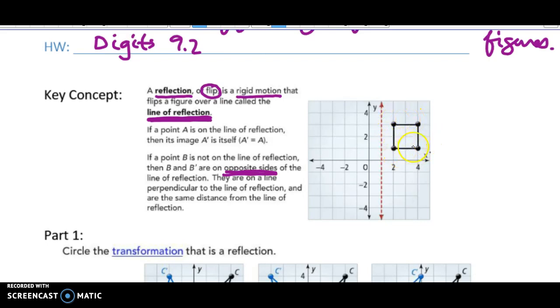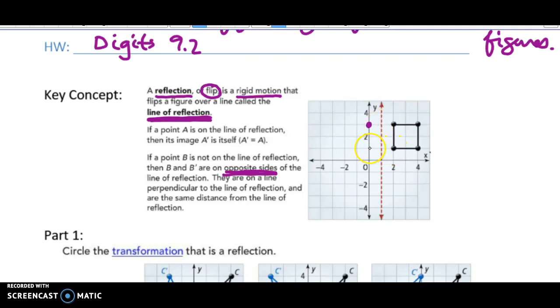So if we're looking at this image here of this square, and this dotted line is my line of reflection, then each of these points needs to be reflected across this line, meaning that this point, which is 1 unit away from the line of reflection, needs to have its image mapped 1 unit away from the line of reflection.